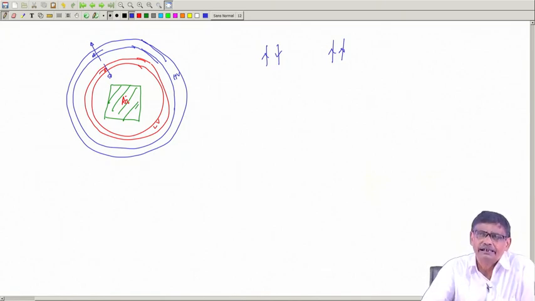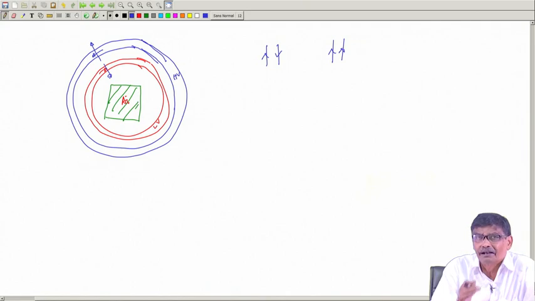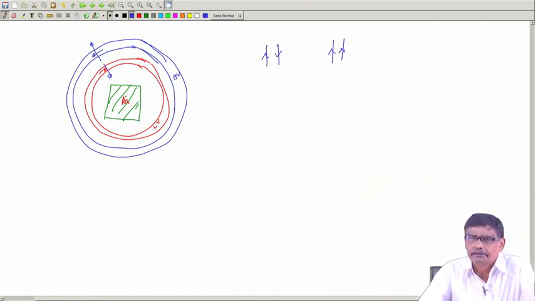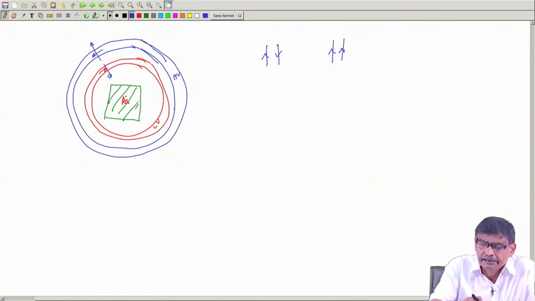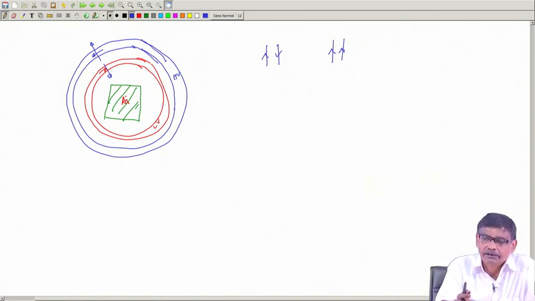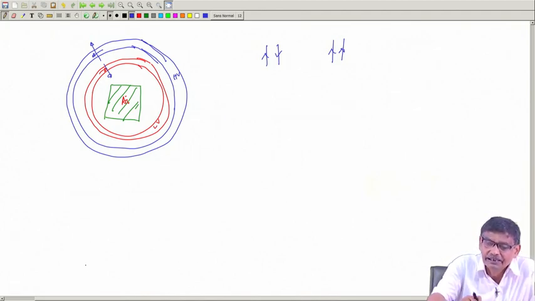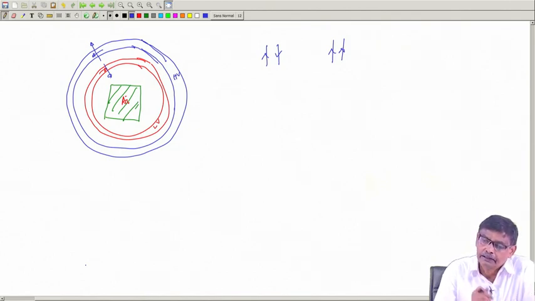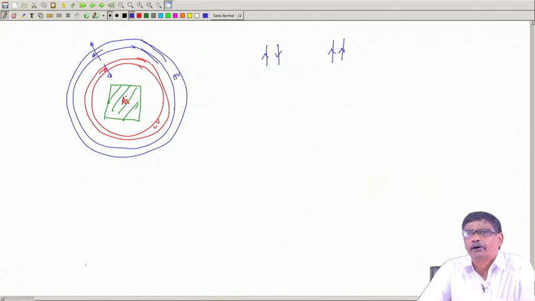This is just I am mentioning, after learning these things, those things can be very nicely explained. And current in the windings will be always in opposition, and this is instantaneous current direction I am showing. When it will be this way, that will be that way, but the direction of force will be always like that.